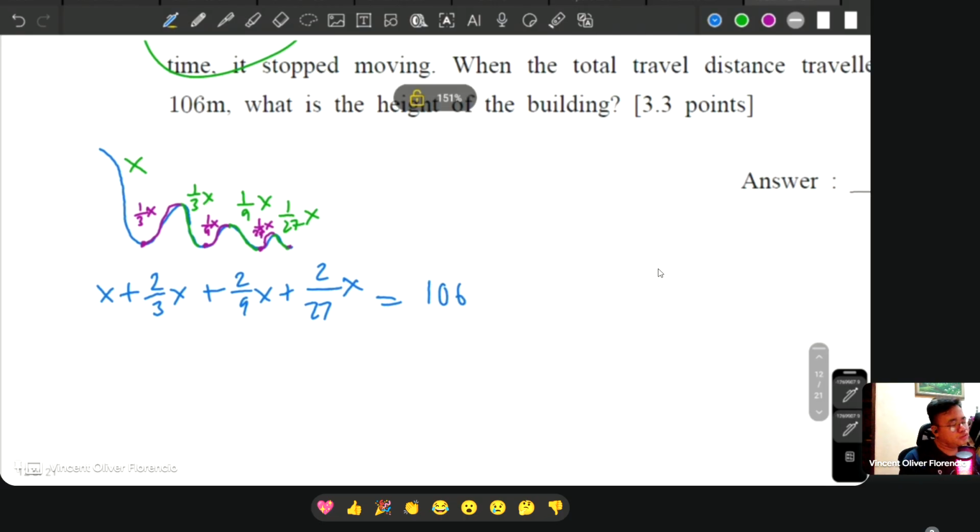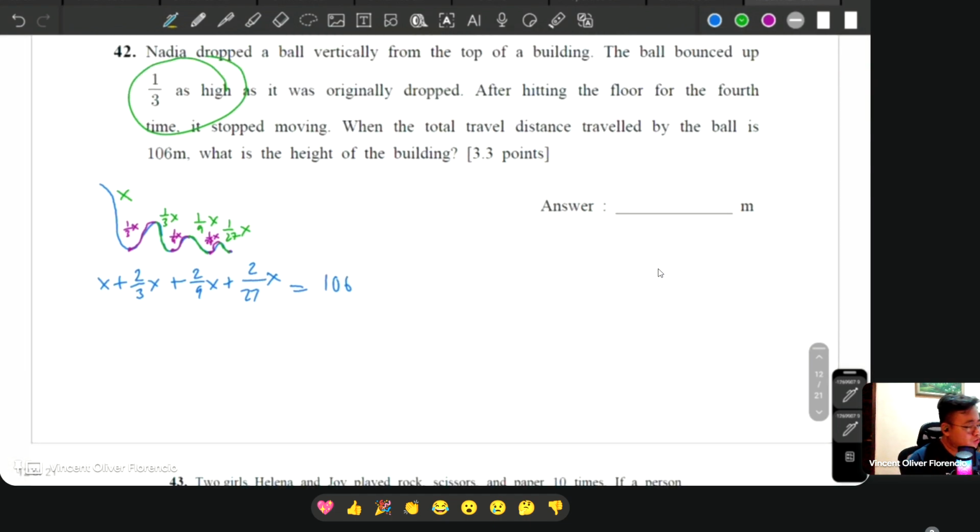That's a given. Now, to work on this one, we can apply the LCD or LCM method. We will multiply using the LCM. And the LCM here is 27. So both sides multiplied by 27.